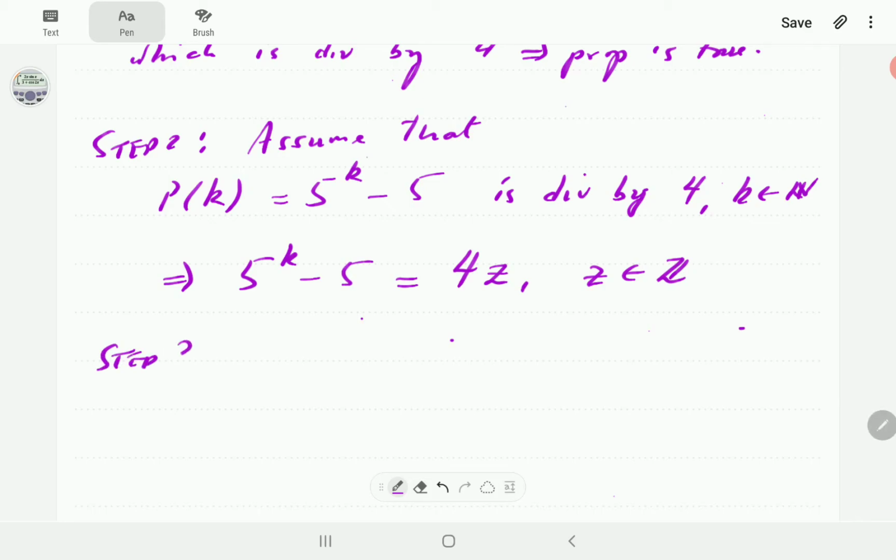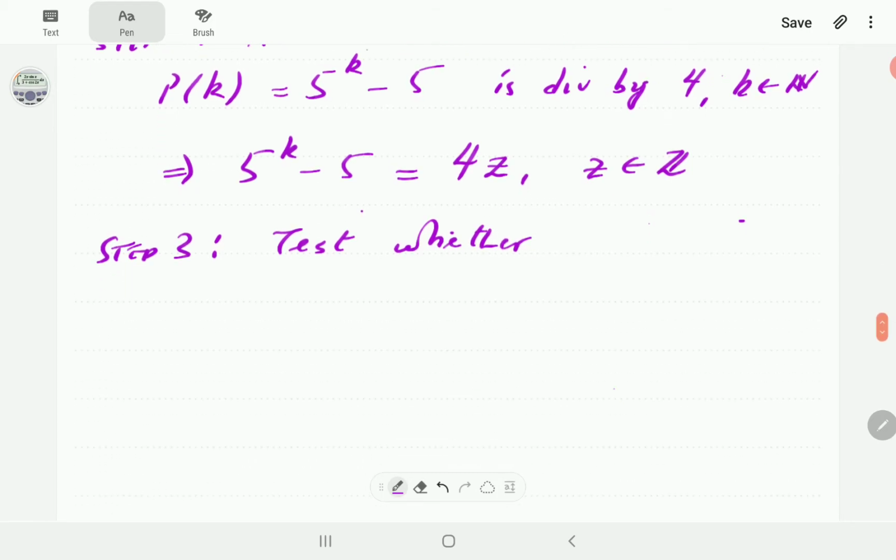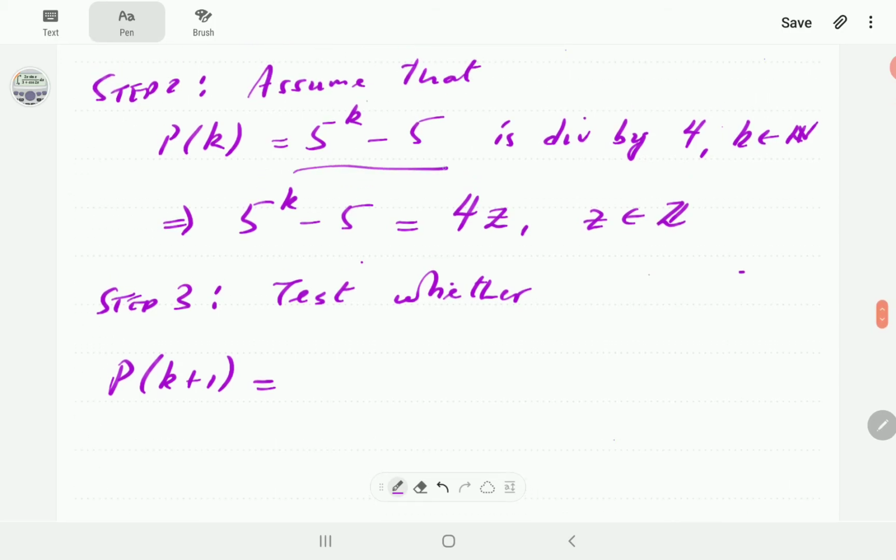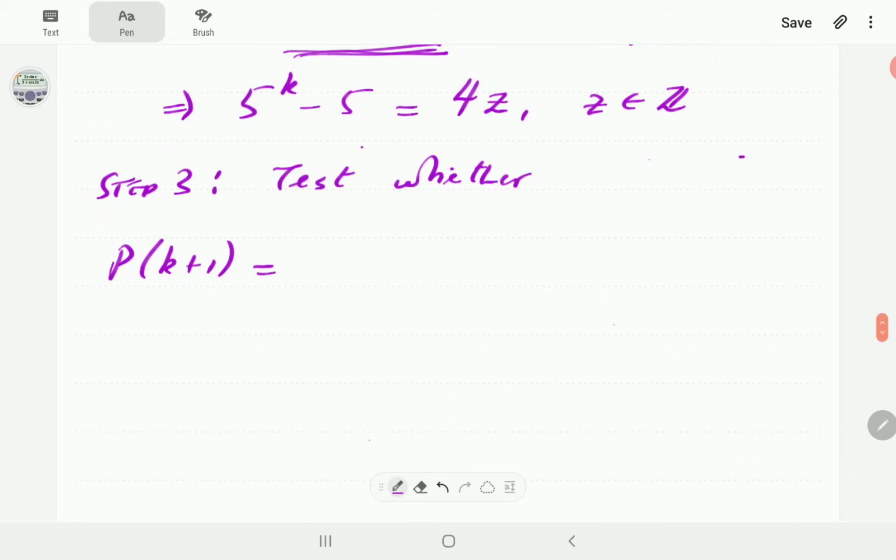Then in step number 3, we're going to test whether, so we're now doing the next bigger integer, so it's going to be P of k plus 1. So wherever there is k here, we're going to replace it by k plus 1.